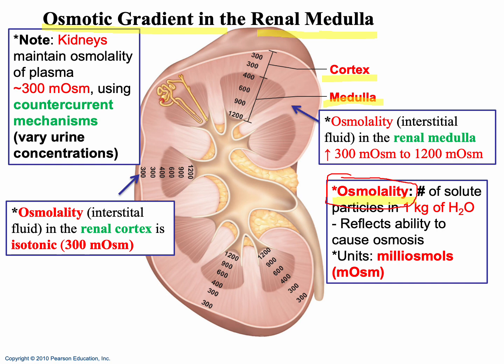The units for osmolality are milliosmoles. The osmolality levels are lower up in the cortex area, but the overall amount increases significantly as you go deeper into the medulla region of the kidney. At the very bottom of the medulla, it might be around 1,200 milliosmoles for units.